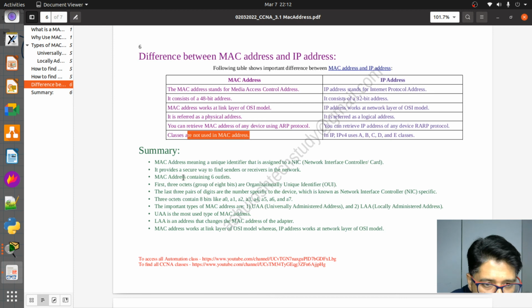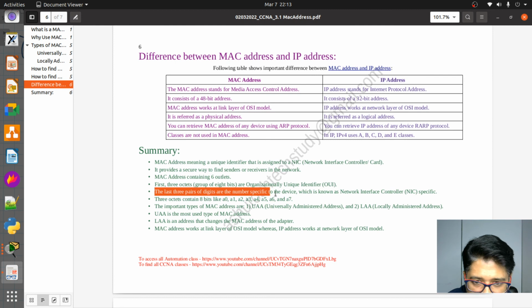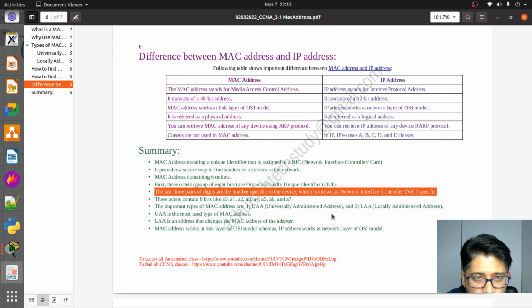Let me quickly go through it. The MAC address is a unique identifier of the NIC card, used for secure sending and receiving along with ARP and reverse ARP. It has 6 octets. The first 3 octets are the Organizationally Unique Identifier, the OUI, and the last 3 octets identify the NIC card produced by that organization.